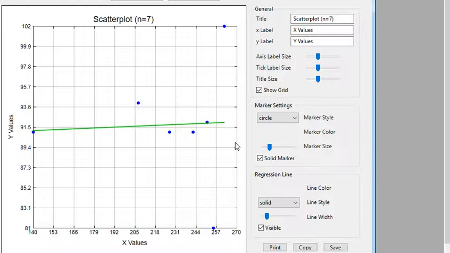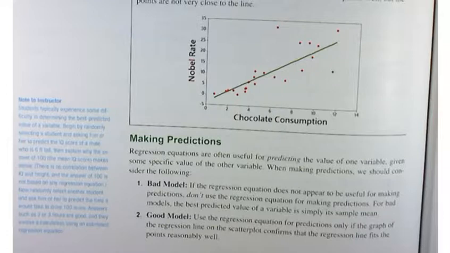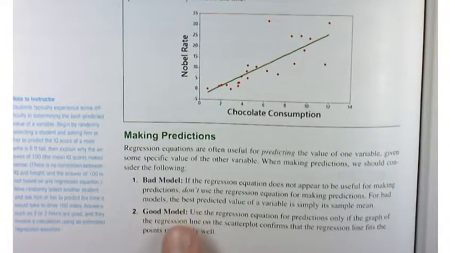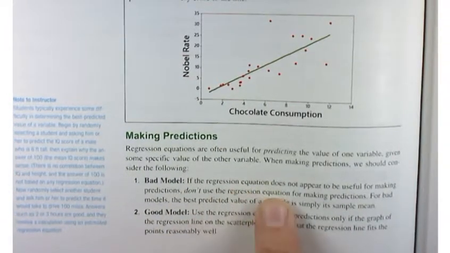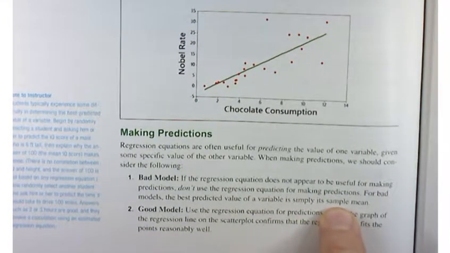That's summarized here for you in your book, page 492, making predictions at the bottom. It's essentially saying this: if you've got a significant relationship, use the relationship. If you don't, then you just use the sample mean, and that's the mean of the y variables.